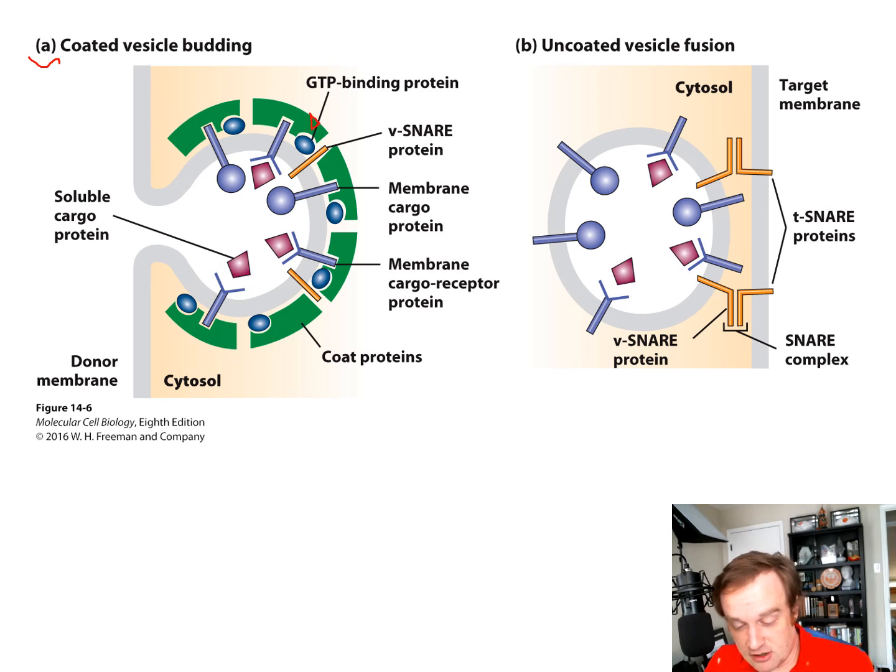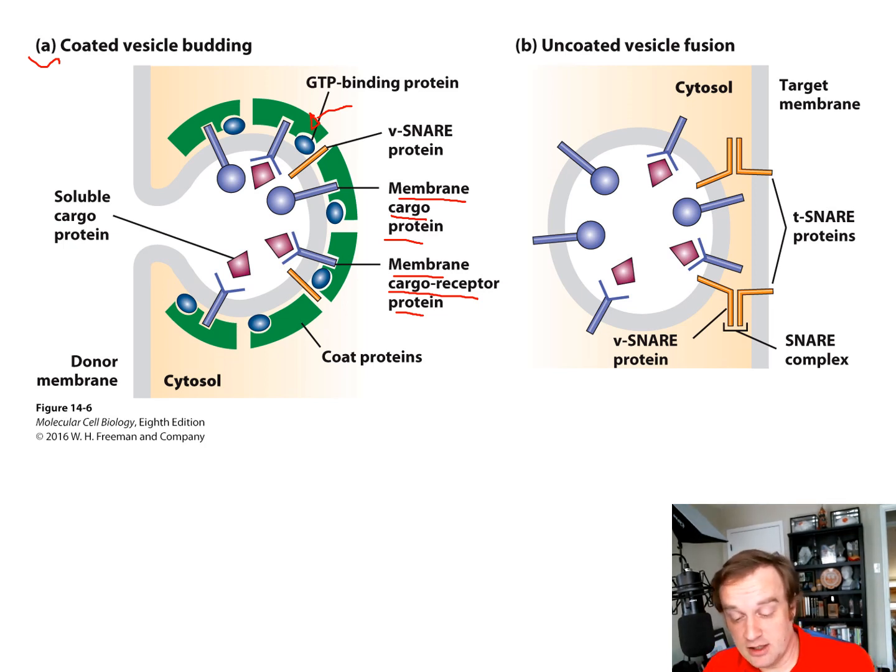And as you can see, there are these blue circles right here. And cytosolic coat protein complexes bind to the cytosolic domain of these membrane cargo proteins. And there's also membrane cargo receptor proteins as well. And so that's where the coat proteins bind.